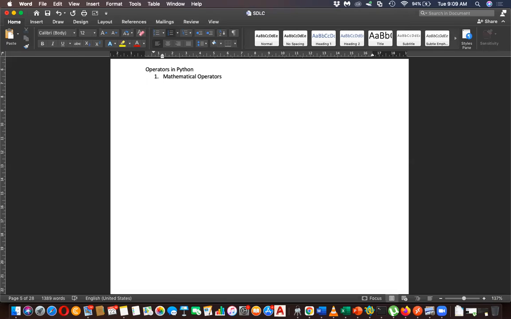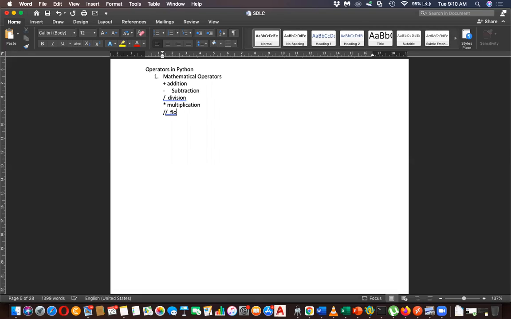In mathematical operators, we are using plus for addition and minus for subtraction and forward slash for division and then asterisk for multiplication and here we are using double forward slash.